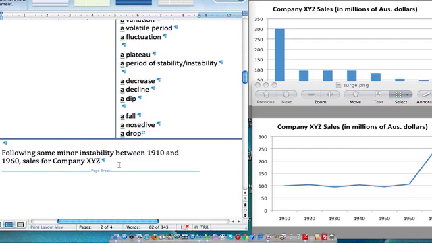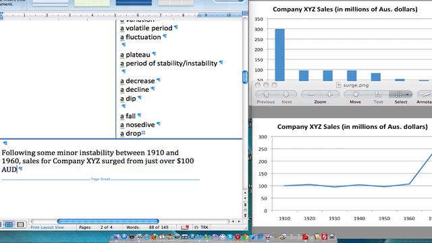Okay, so following some minor instability between 1910 and 1960, sales for company XYZ surged, let's say, from just over 100 million Australian dollars to 246 million Australian dollars.